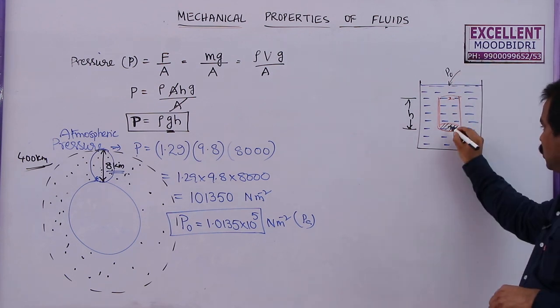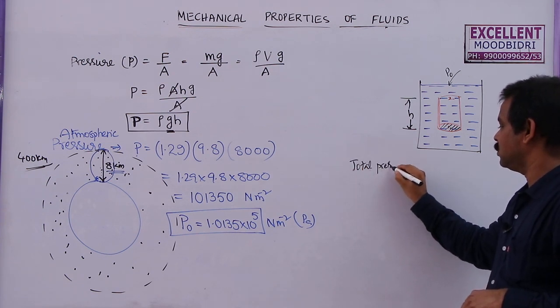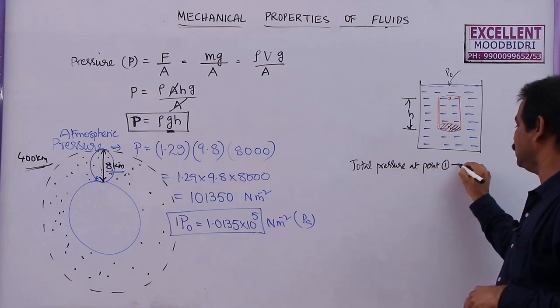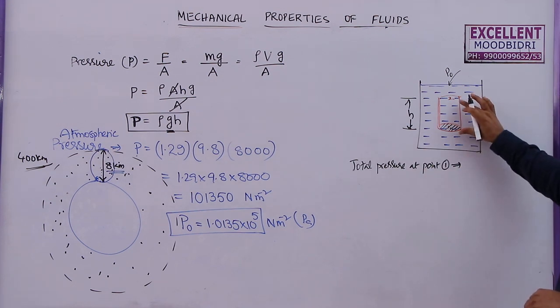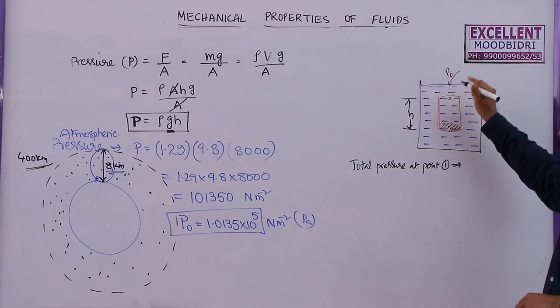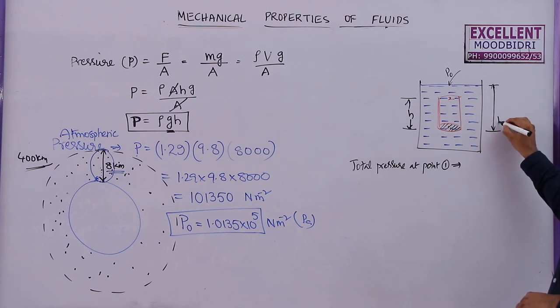So what is the total pressure at point 1? Total pressure at point 1 is given by pressure due to this liquid column plus pressure due to atmosphere. So let me take from here to here, let us say this is H1.